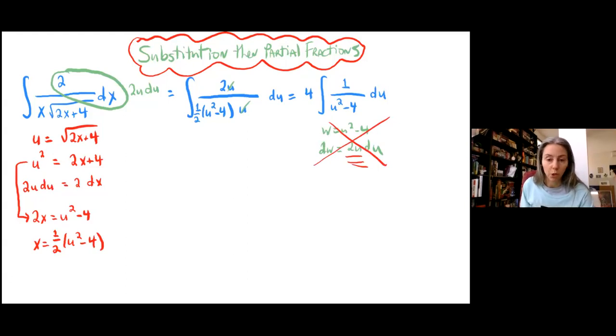So we're going to move into partial fractions, polynomial over polynomial. The first step of partial fractions, remember, is to divide if necessary. No division necessary. The degree of the numerator is smaller than the degree of the denominator.